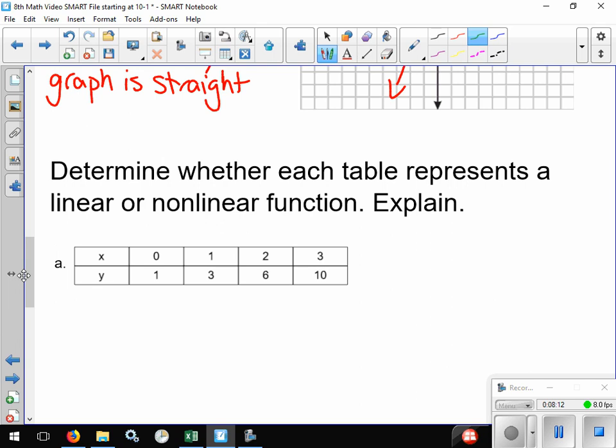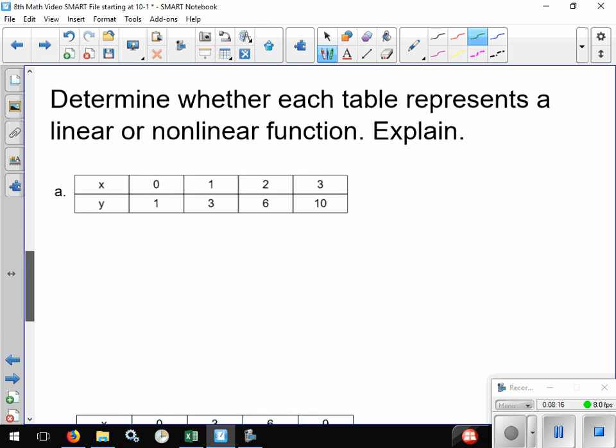Now, we're going back to our tables. Instead of giving you a graph to draw, I have a table here for you. And we have to look at the constant rate of change, to see if it's constant or not. So let's determine whether each table represents a linear or nonlinear function, and then explain. So again, we're going to try to discover if this is a linear or nonlinear function.